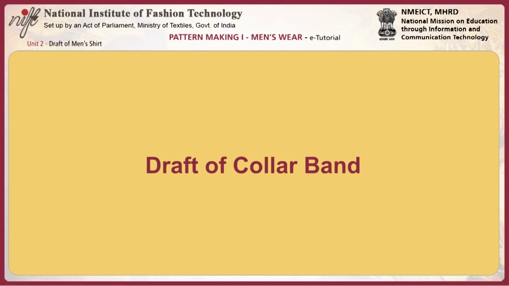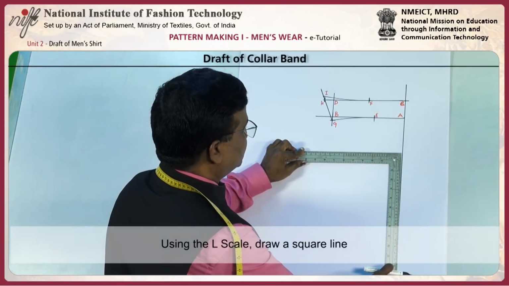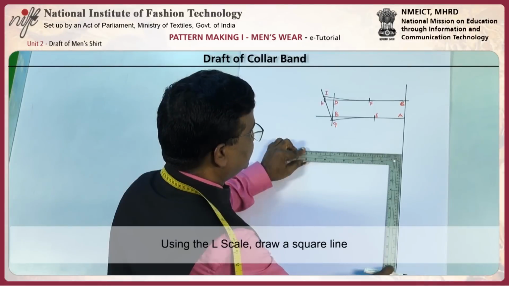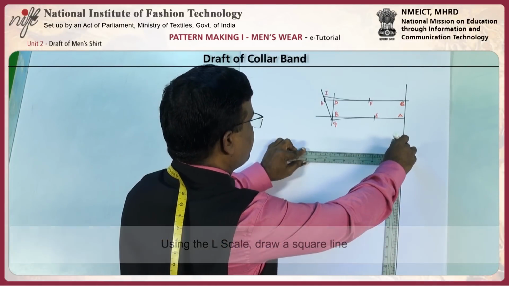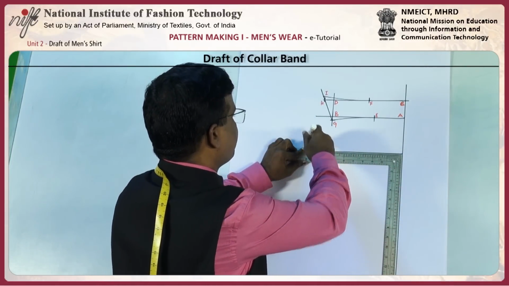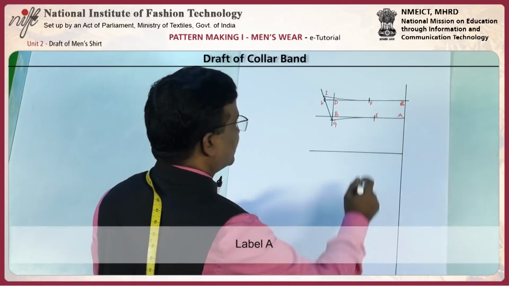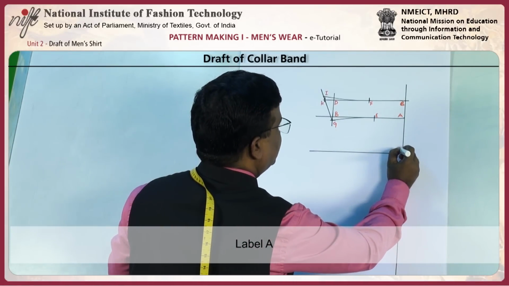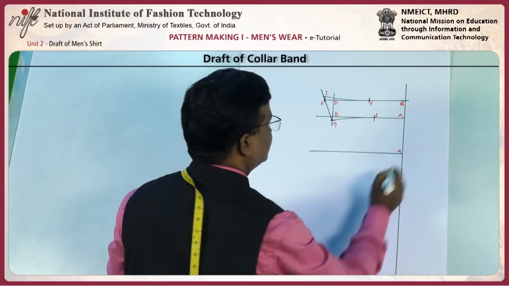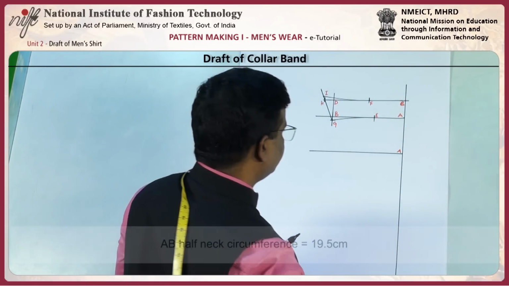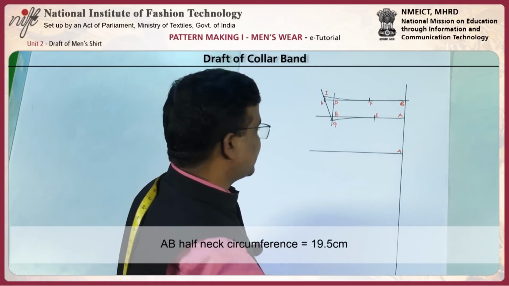Collar band draft. Draw square line. Label the point A. A to B, half neck circumference.